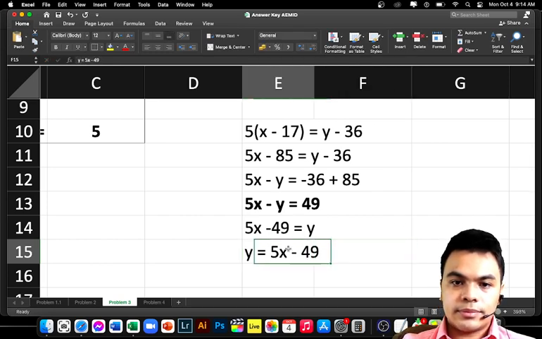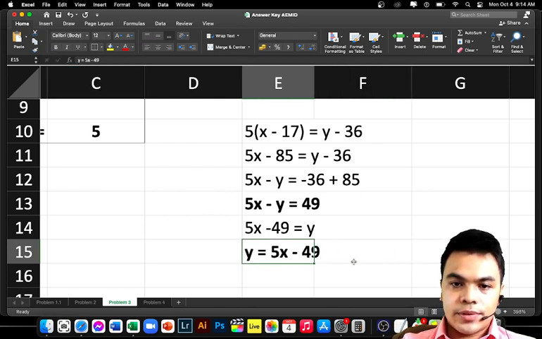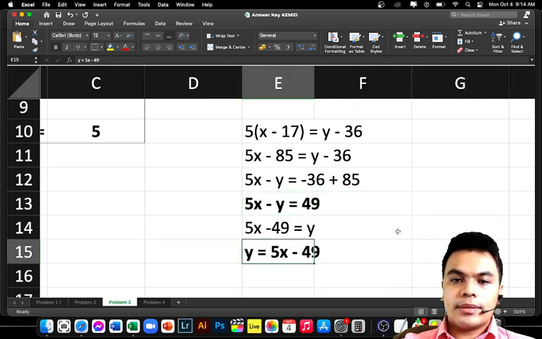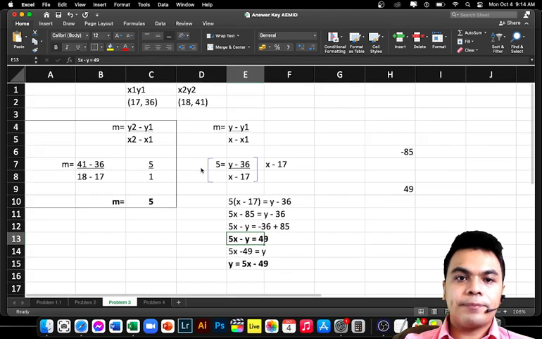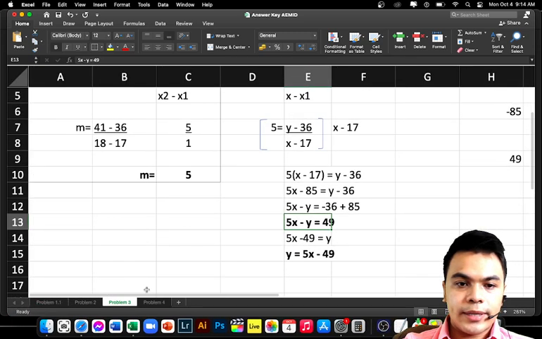Either of these is correct. You can use this one or this one. So we have the equation now for problem number 3. We are done with 3 problems: problem 1, 2, and 3.